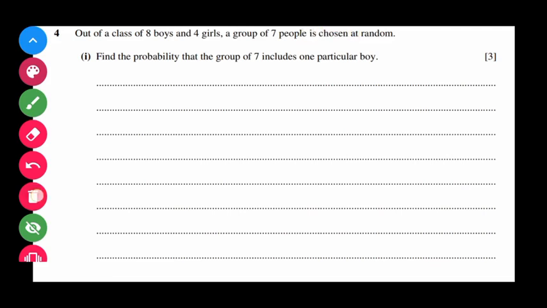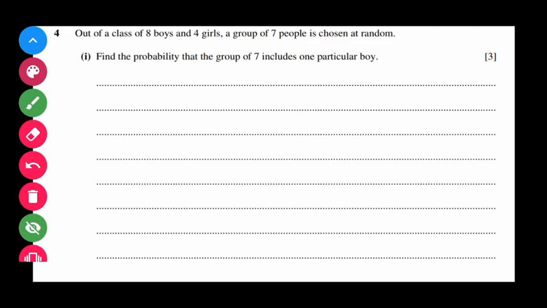A group of 7 people is chosen at random. So mark the word chosen. It's not arrangement, it is chosen, it is selection. That means you can understand it is combination.